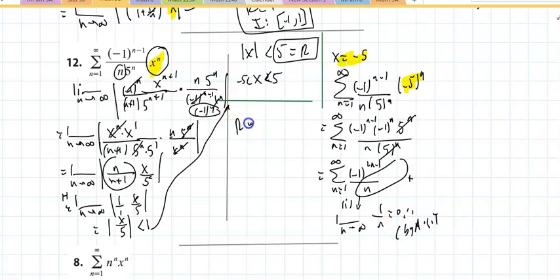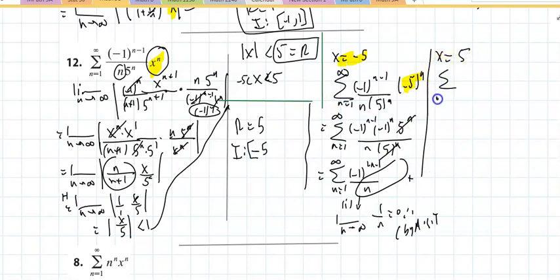So up till now, I know the radius is 5, and I know the interval, negative 5 is a bracket. And if I take x to equal 5, I'm looking at the series n equal 1 to infinity, negative 1 to the n minus 1 times 5 to the n over n times 5 to the n.